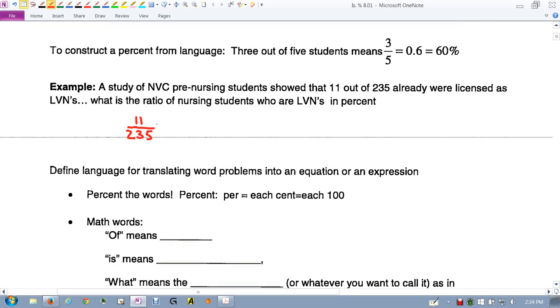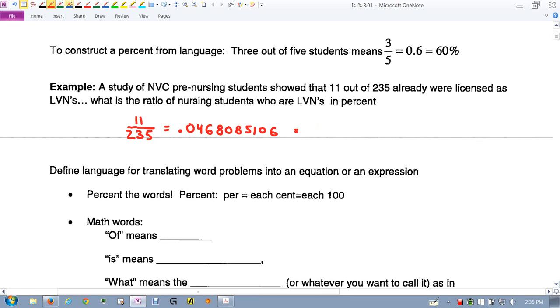We do 11 divided by 235, and we get this nasty decimal. It's equal to 0.0468. It depends on your calculator how far this goes out. Mine goes way out: 0.0468085106. As a percentage, what is this?